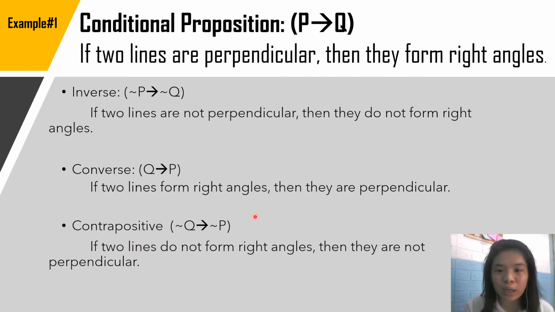You can see we interchanged the hypothesis and the conclusion. The if statement becomes they form right angles, while the then statement becomes perpendicular, and we added the word not because we have to negate them.